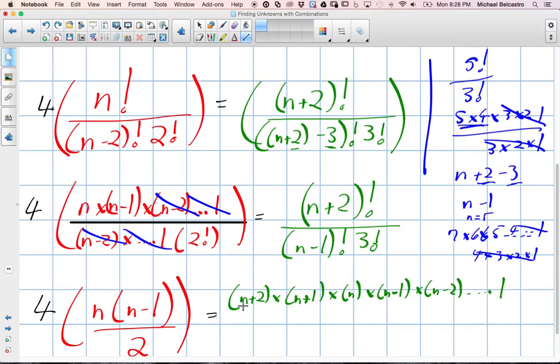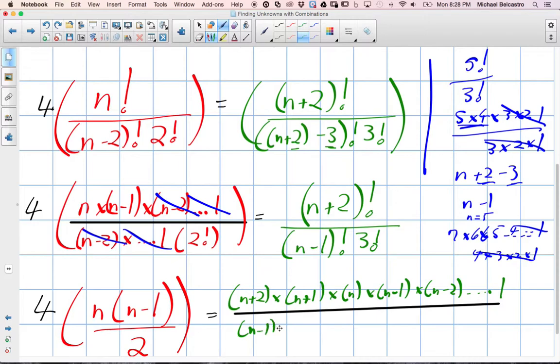Okay, good. And then on the bottom, we have our n minus 1 factorial, so that's n minus 1 times n minus 2, all the way down to our value of 1, and then still times 3 factorial. Well, that means from n minus 1 downwards, these guys all kind of eliminate each other.